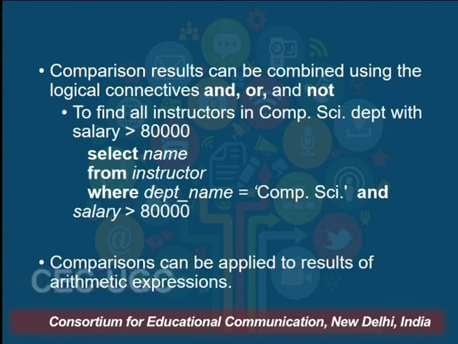So, this command will be select name from instructor where department name equals to computer science and salary greater than 80,000. We have used here two conditions in our where clause, and we have combined them using logical connectives. One is department name is equals to computer science, and another is salary greater than 80,000.